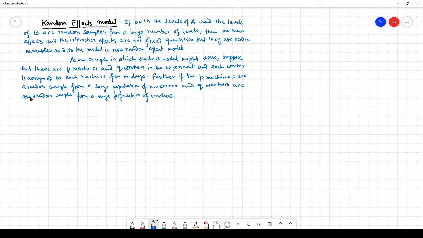If both the levels are fixed, that means you consider all the levels of factor A and all the levels of factor B, then it is a fixed effect model. If you select some levels of factor A and some levels of factor B, then these levels are random, so it is a random effect model. This is the difference between the fixed effect model and the random effect model.